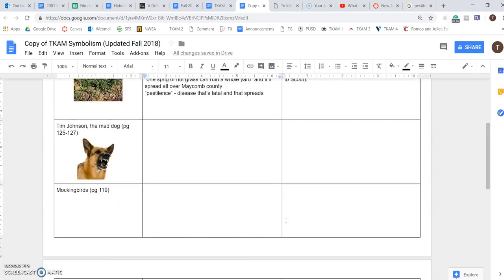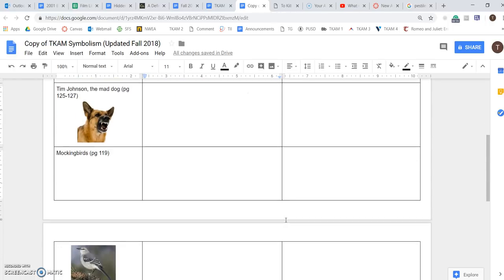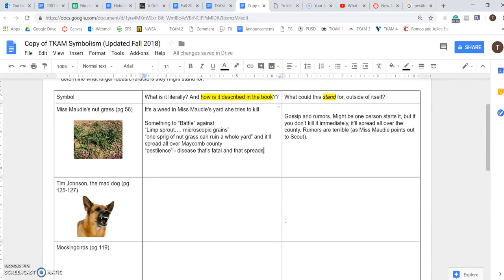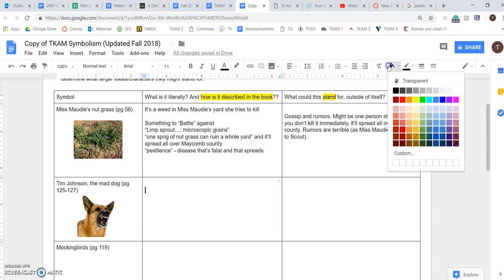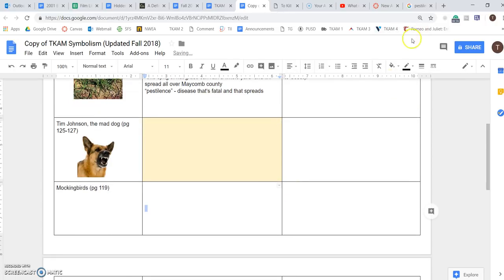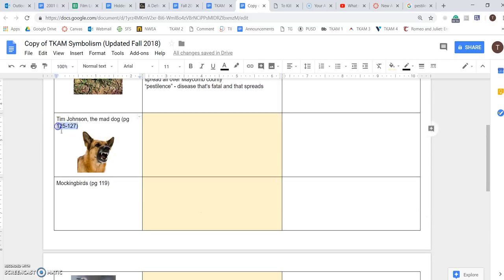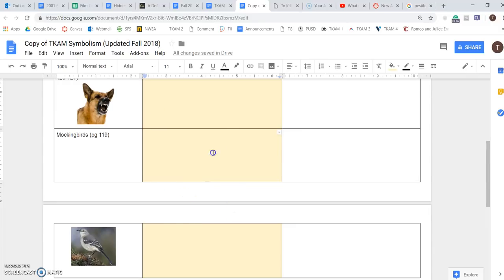But the other two symbols are a lot easier than the nutgrass one. And they should be fairly obvious. If they're not, don't worry. But what I do want you to do for sure is the physical description box. So look up on these pages and on this page how the dog is described, what it is doing as it's walking down the street, and then the mockingbirds, how are they described, what's the deal with them on page 119.